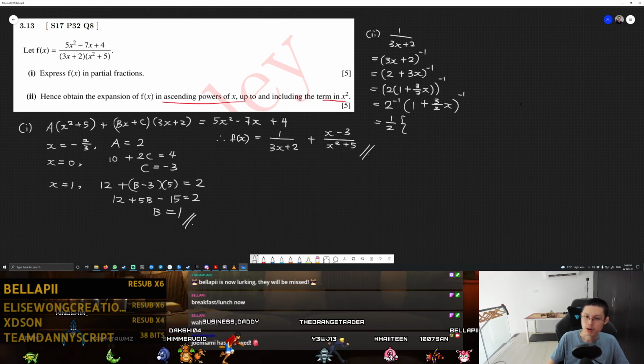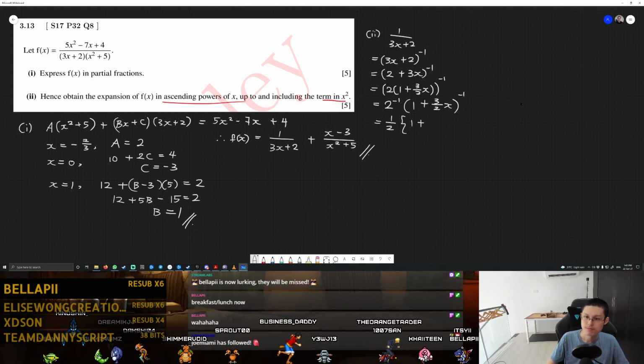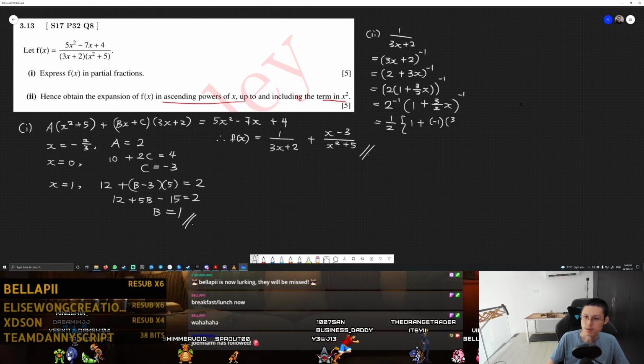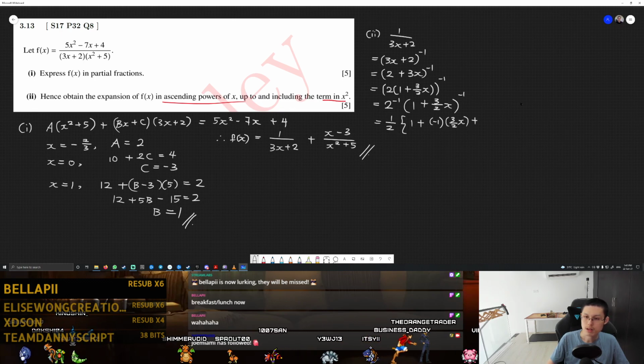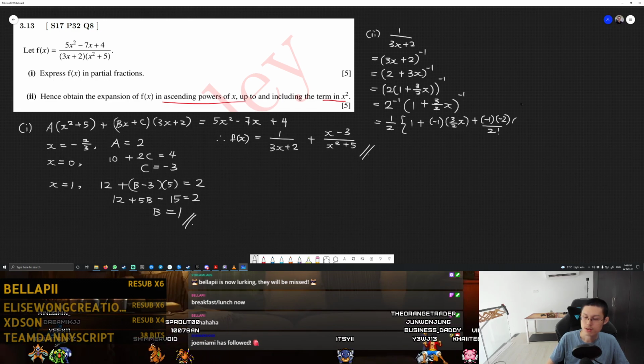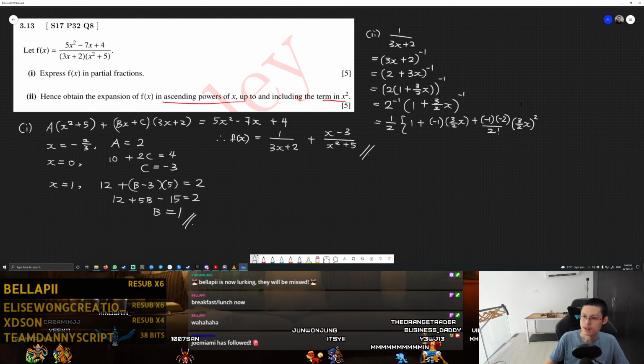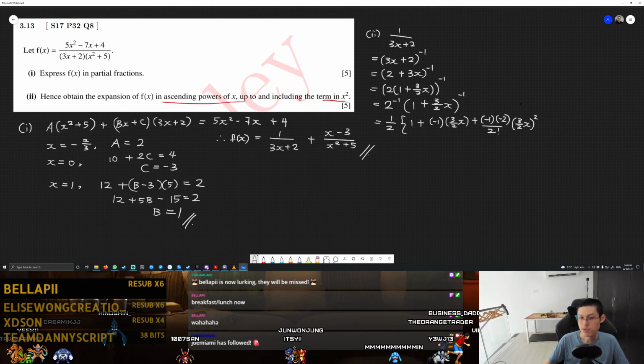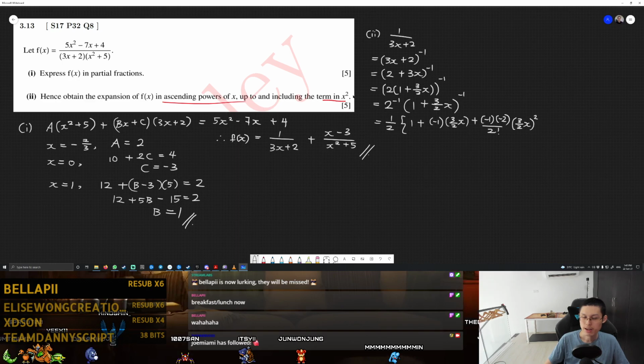This one we expand normally: 1 plus minus 1 times 3 over 2x, plus minus 1 times minus 2 over 2 factorial times 3 over 2x squared. We can stop there because we are only interested in up to x squared. We don't care about x cubed and so on, so we ignore the rest.